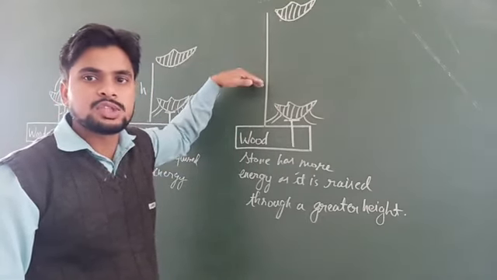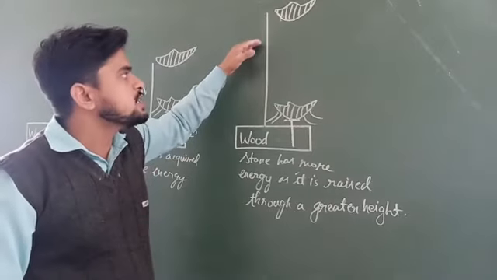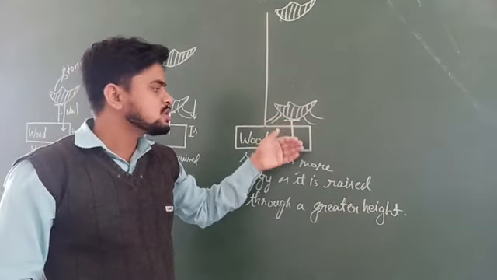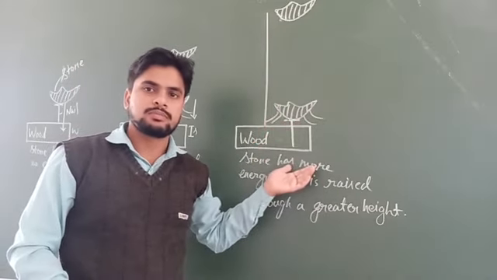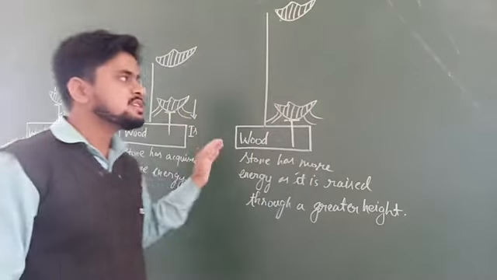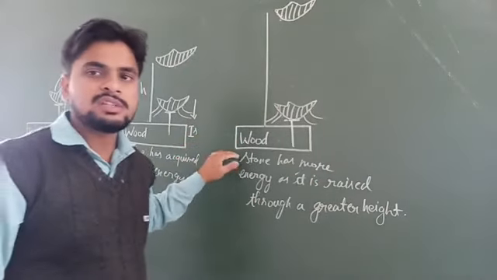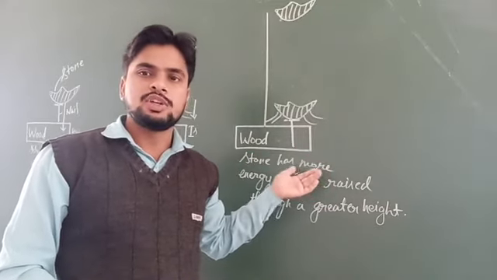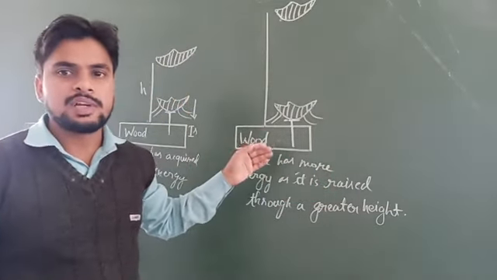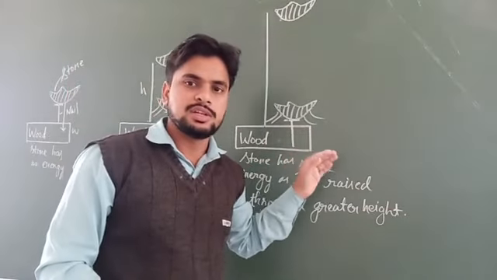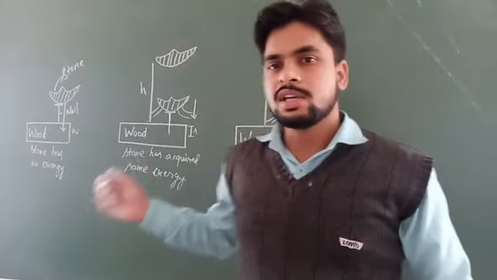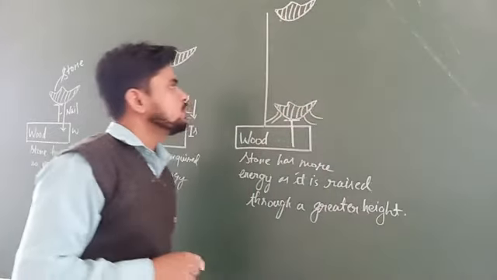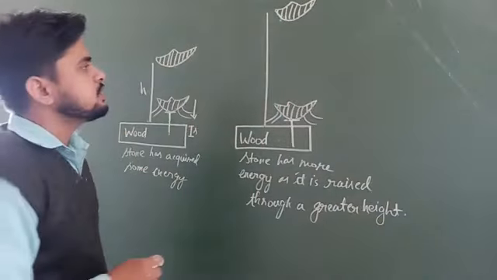That's why more energy is stored in the stone, due to which more work is done. So in this example we observe that work is done against gravity. The energy stored in the object is known as gravitational potential energy, because the work is done against gravity. So how can we define gravitational potential energy?